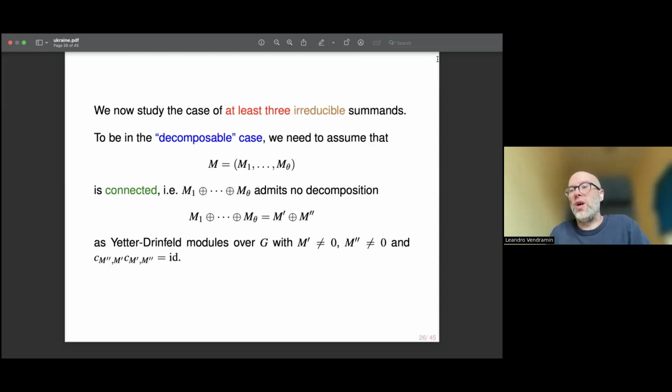So this is a natural extension of the definition I gave you before, but now for more than 2 summands. You don't have to think too much about this case. It's just a natural way of extending the definition of decomposability.